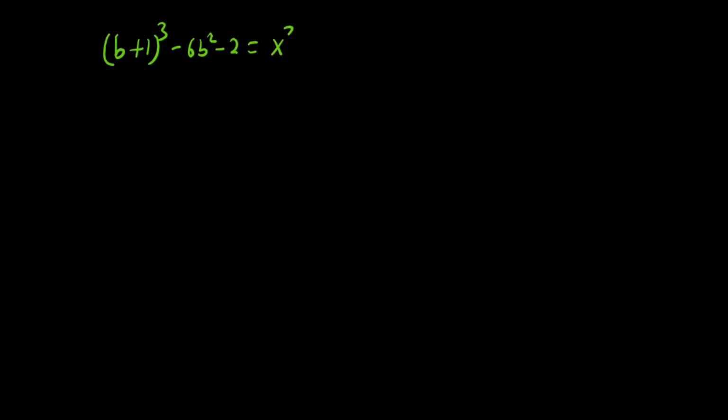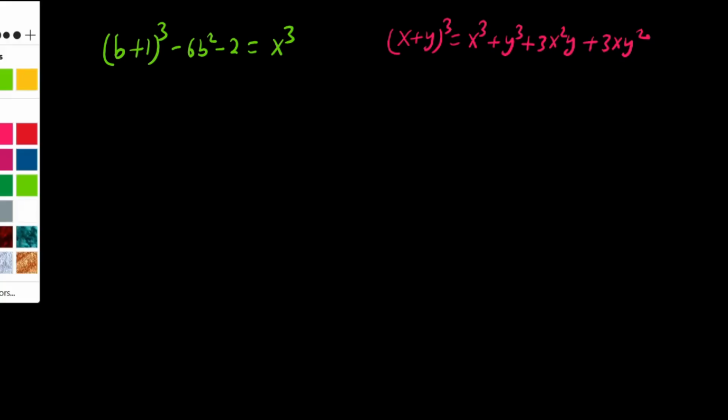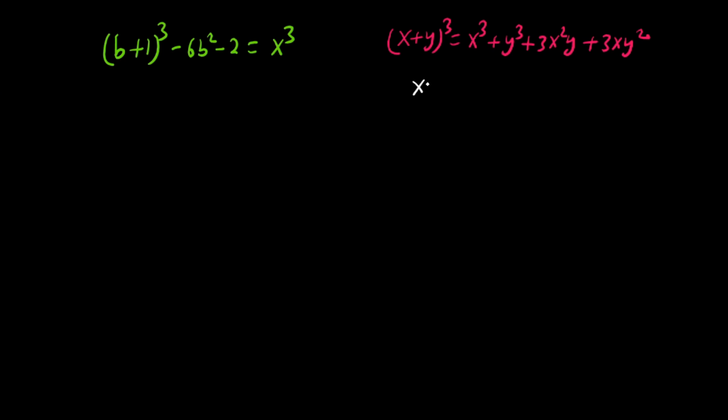(x + y)^3 = x^3 + y^3 + 3x^2y + 3xy^2. Here x is replaced by b and y is replaced by 1.